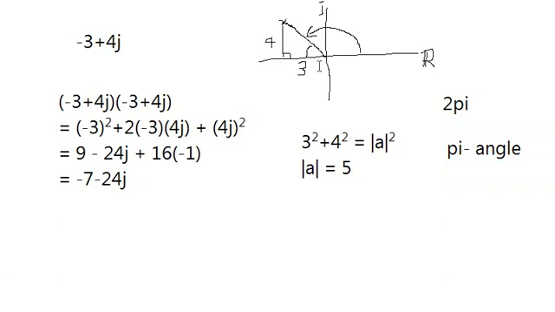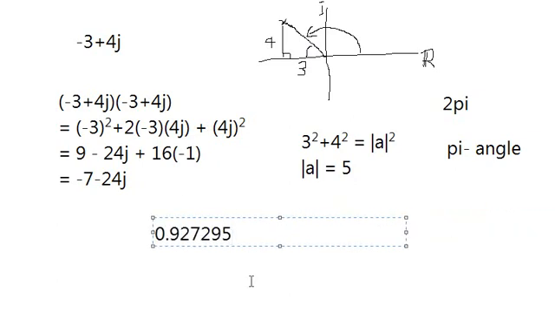And how do we calculate this angle? Well, simple basic trigonometry. If you're doing this paper, you should be able to do basic trigonometry. If not, please reconsider doing this paper because you won't be able to do it. So you do arctangent of 4 over 3, and you will get 0.92725, and that is in radians.